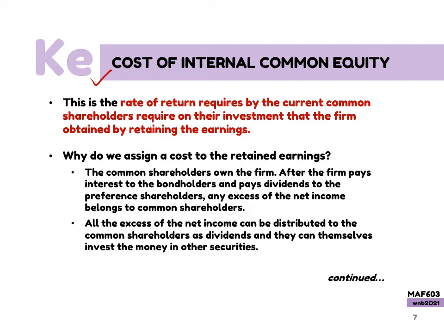They need to wait for the firm to pay interest to the bondholders first and pay dividend to the preference shareholders, and if there is any excess of the net income, then the common shareholders will be paid a dividend.